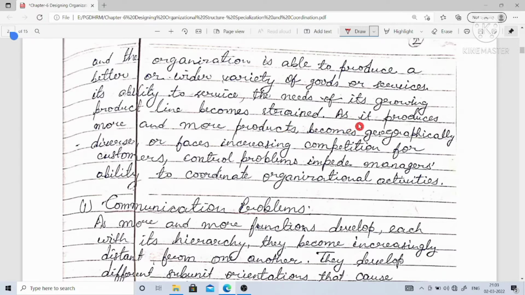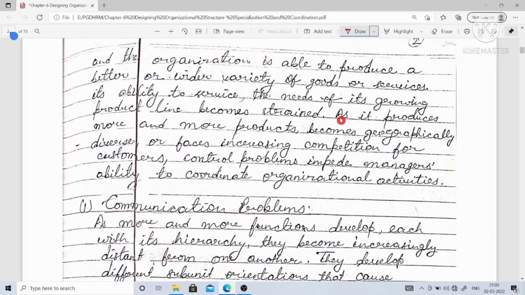As it produces more and more products, becomes geographically diverse, or faces increasing competition for customers, control problems impede managers' ability to coordinate organizational activities.